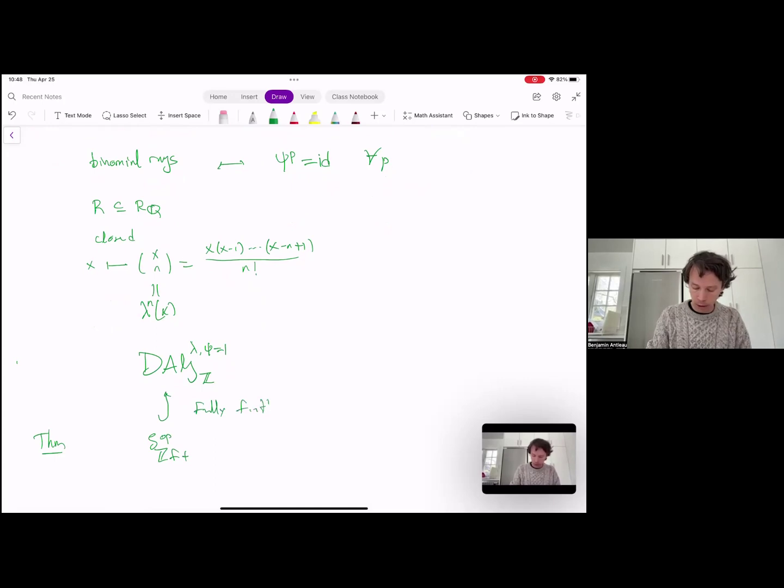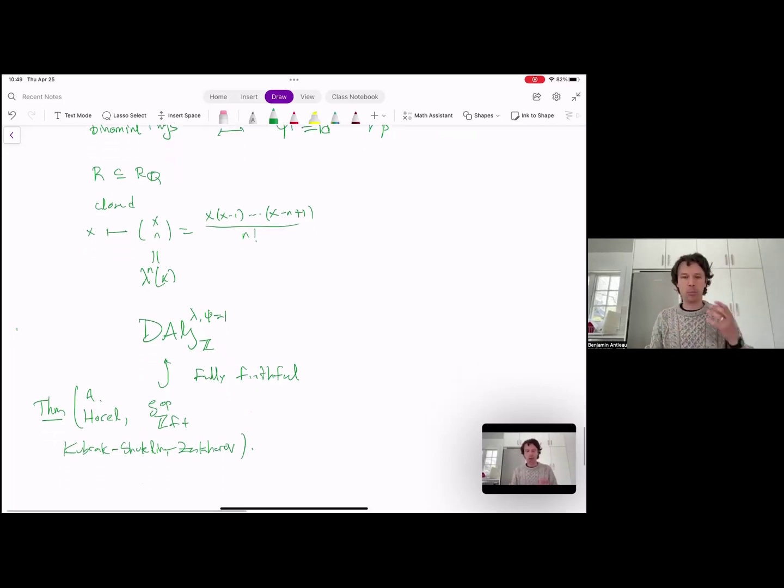And I should mention that more or less this theorem is also proved by Geoffroy Horel in independent work, and also Kubrak, Shuklin, and Zakharov. We all sort of take different approaches to setting up the machinery, and we haven't been able yet to completely compare the different categories we construct. But okay, I'll stop there. Thank you for listening.